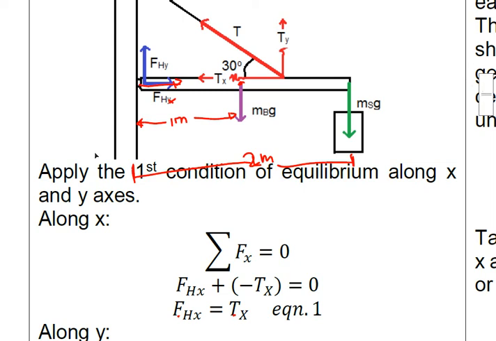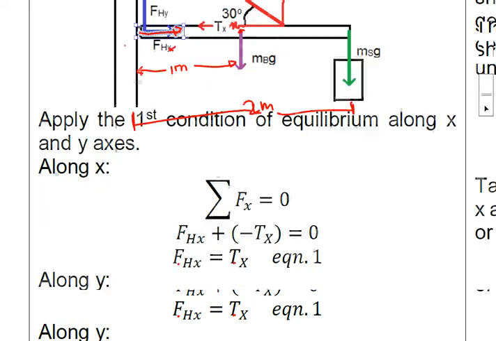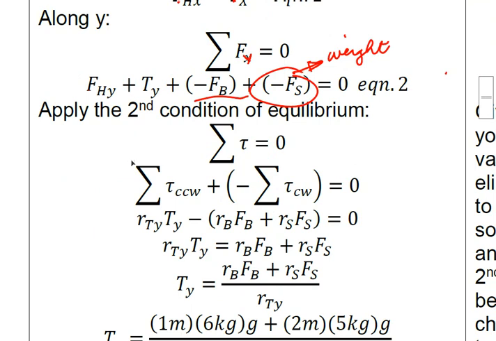In this case, I choose the hinge to be the pivot point, so everything will rotate with respect to that. So the hinge is the pivot.